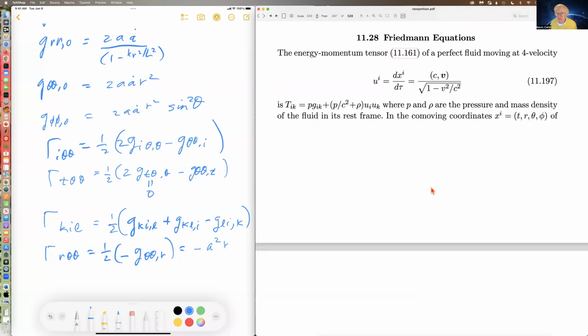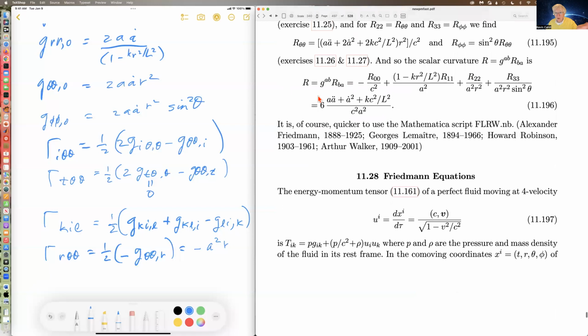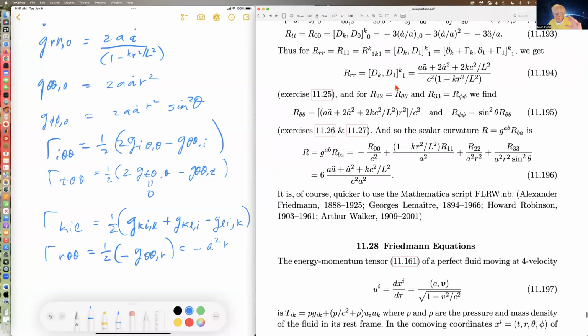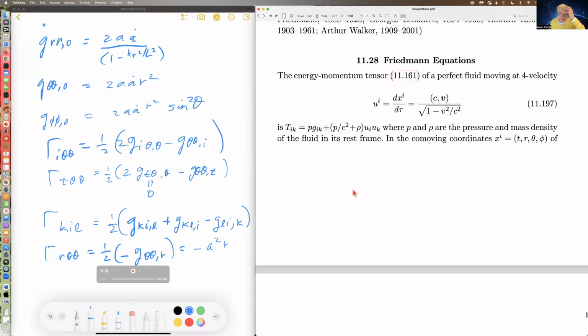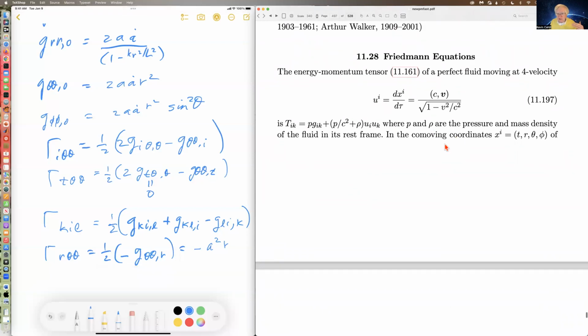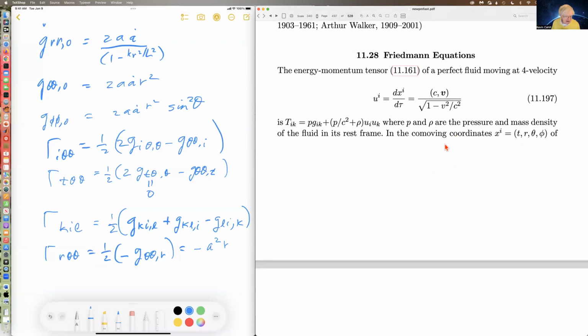The Friedmann equations. Well, first of all, of course, the Einstein equations relate the two tensors, namely the Ricci tensor and the Riemann scalar, to the energy momentum tensor. So to do cosmology, you have to figure out what the energy momentum tensor is.